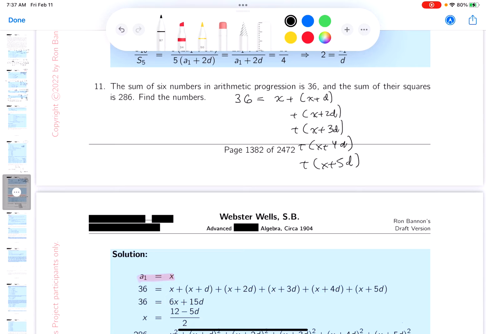Adding them together, you get 6 x's, and counting the d's, 5 plus 4 is 9, plus 3 is 12, plus 2 is 14, plus 1 is 15. So 15 d's.